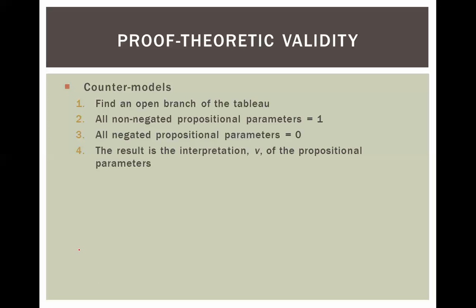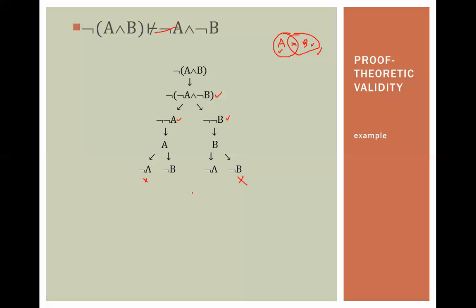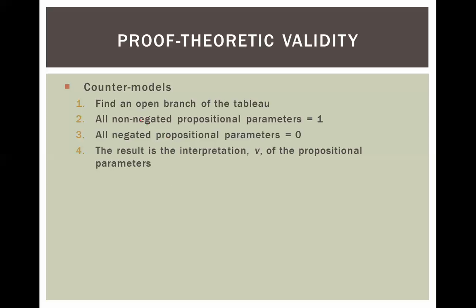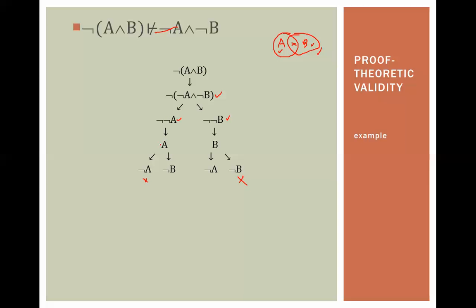So what we're going to do is find an open branch of the Tableau. Back here you saw an open branch of the Tableau, one that did not close, and we're going to give all non-negated propositional parameters a 1. Here I didn't actually have any propositional parameters, I used formulas, but let's say these were P's and Q's. I would give this one a 1 because it's not negated.